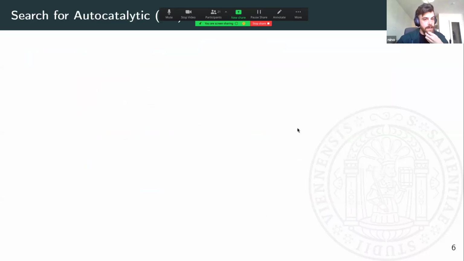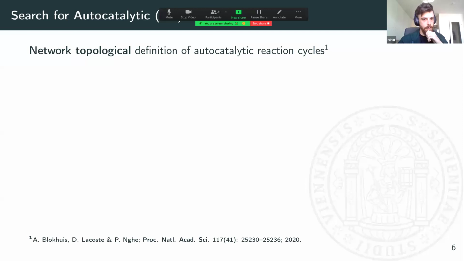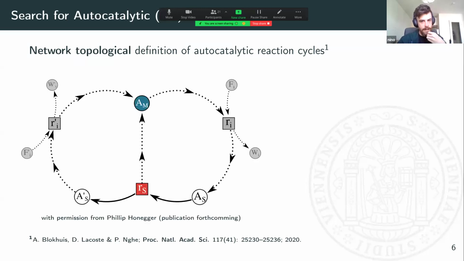The search for autocatalytic cycles, so there are several ways of doing that. One very neat way of defining autocatalysis is a network topological definition of autocatalytic reactions, where you basically say that every autocatalytic reaction you can define as a reaction that has a main cycle going on.